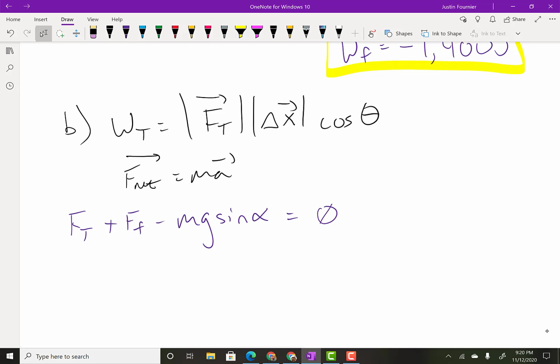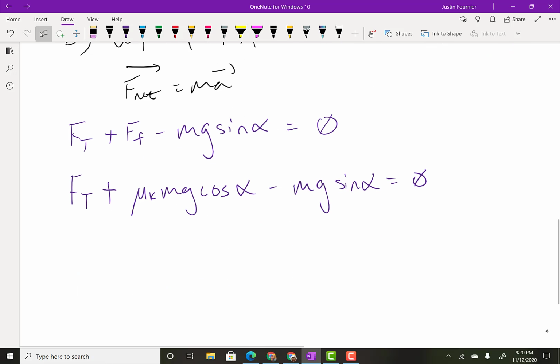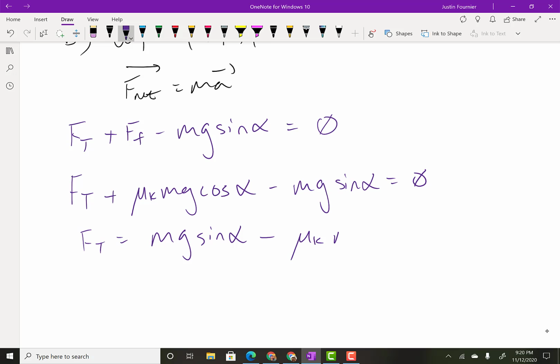So the tension force is going to be, so plus the friction force, which is mu k mg cosine alpha minus mg sine alpha equals 0. Now I'm going to isolate the tension force. So it's going to be the tension force equals mg sine alpha minus mu k mg cosine alpha.